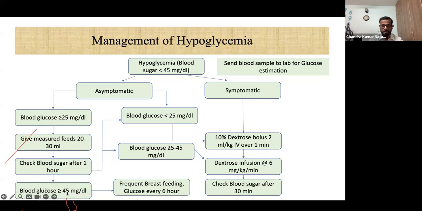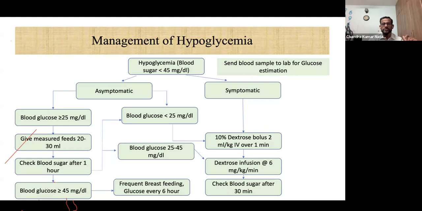Blood sugar has not risen to more than 45. In this baby, if the blood sugar is remaining between 25 and 45, you will directly start glucose infusion at 6 GIR because they are asymptomatic. But even if they are asymptomatic, if the sugar level is less than 25, you will give a bolus and then start a dextrose infusion.